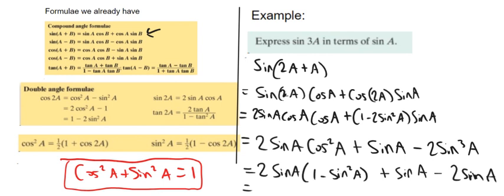So if I multiply that in, I get 2 sin a minus 2 sin cubed a. There should have been a cubed over there as well.